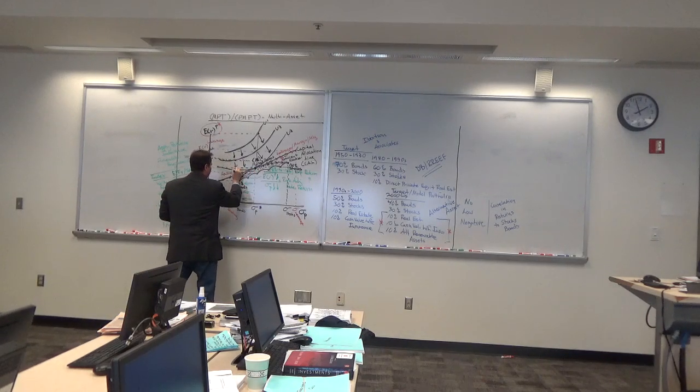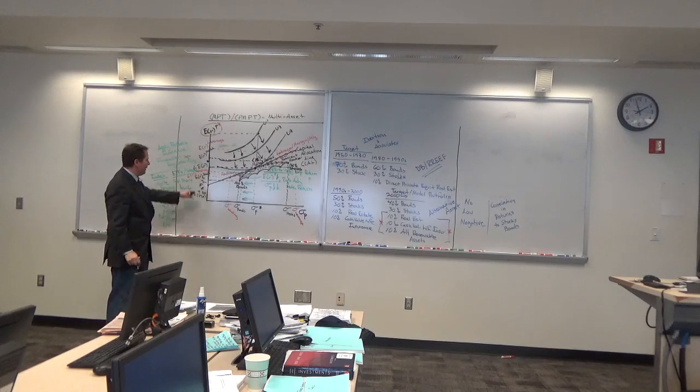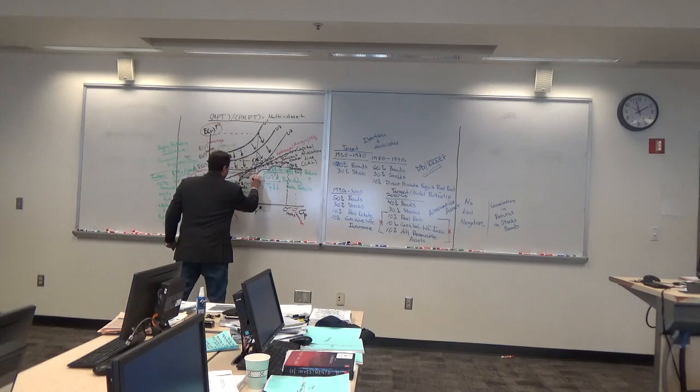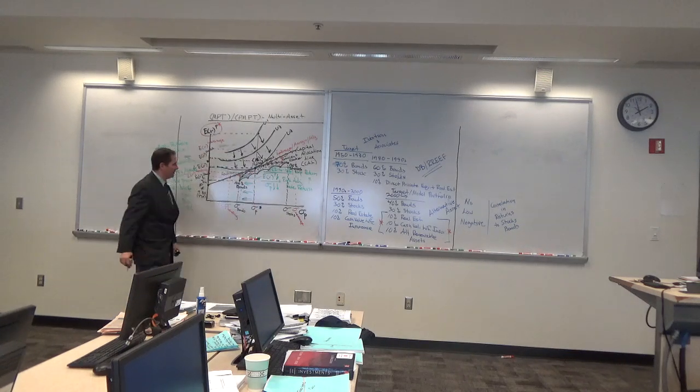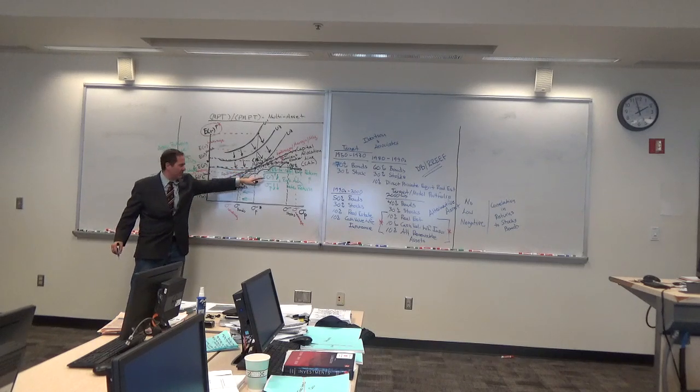And at that point, that portfolio and that portfolio allocation is going to give me the highest expected return at the given level of portfolio risk. So that portfolio allocation right there is going to maximize my expected return on the portfolio and at the minimum portfolio risk.